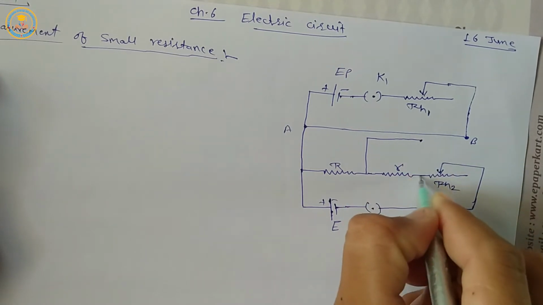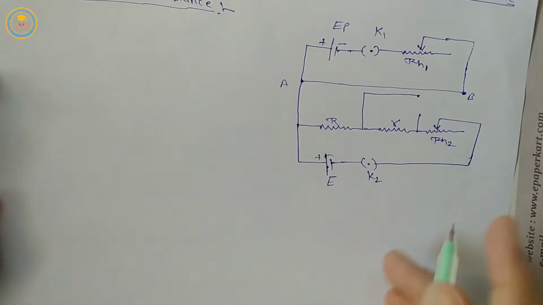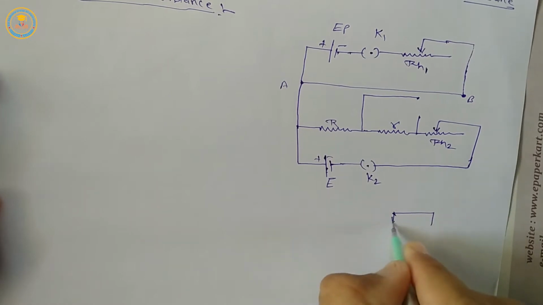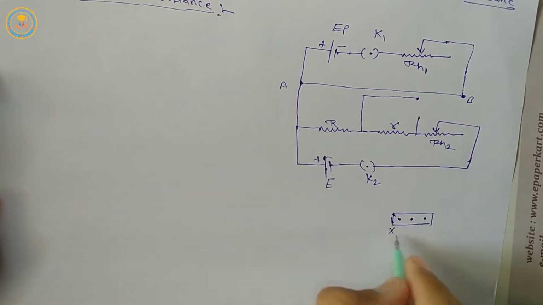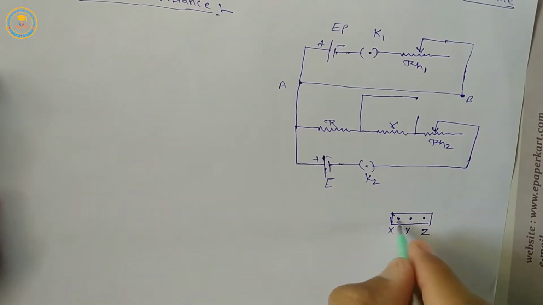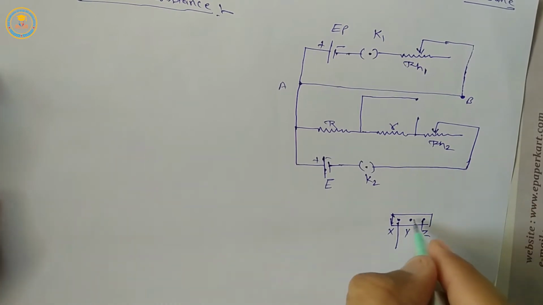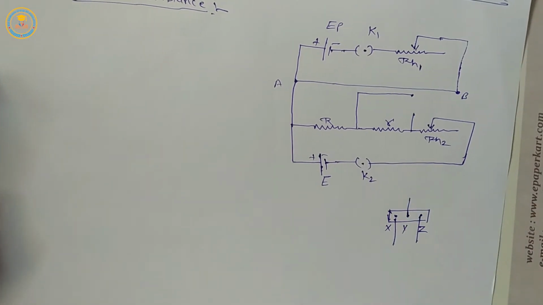a two-way key. This is a two-way key. In this key, three terminals are present, which are represented by X, Y and Z. Two terminals are input and one is output.